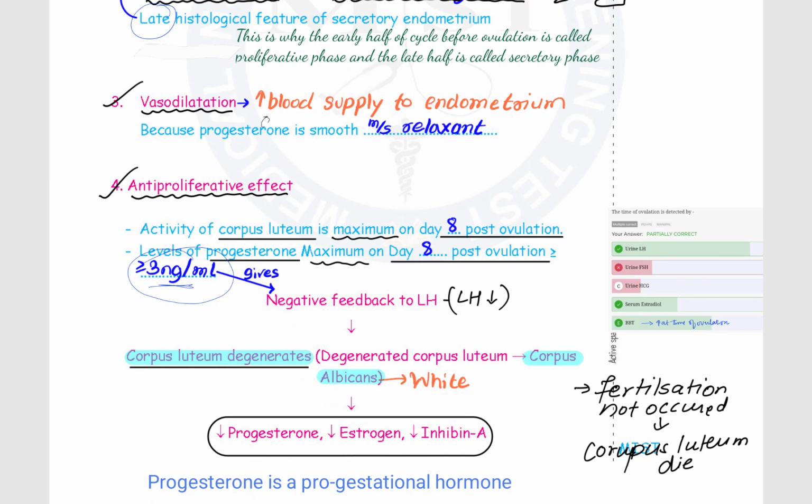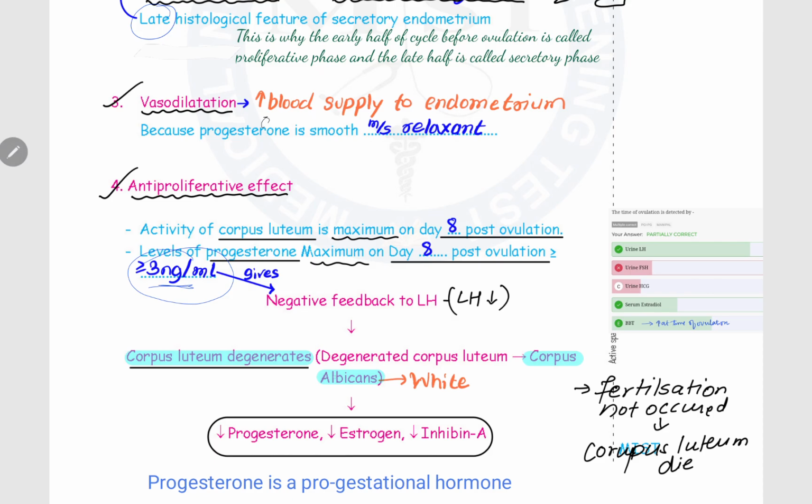LH maximum is 75 nanogram per ml. For giving negative feedback to LH, it is 3 nanogram per ml. For causing the LH surge, how much estradiol do you require? 200 picogram per ml for a period of 48 hours. And when is the LH surge happening? 36 hours prior to ovulation. Keep revising.